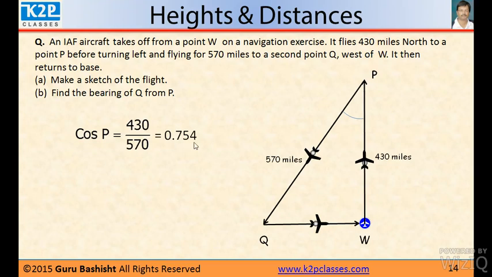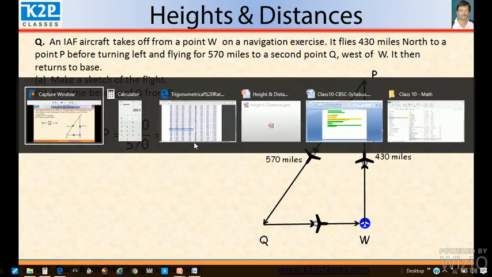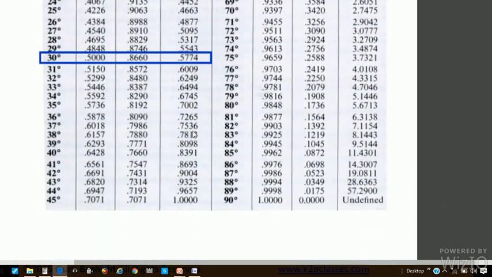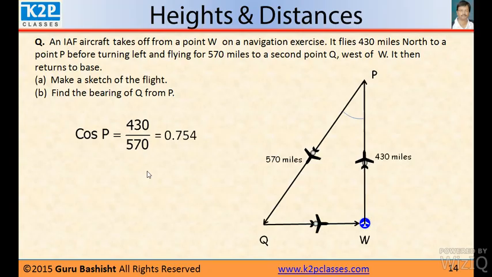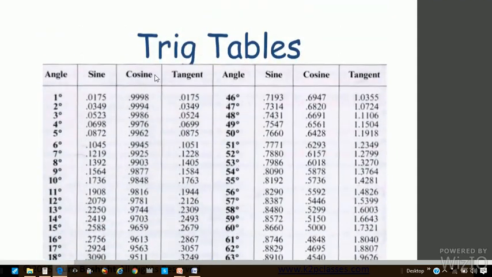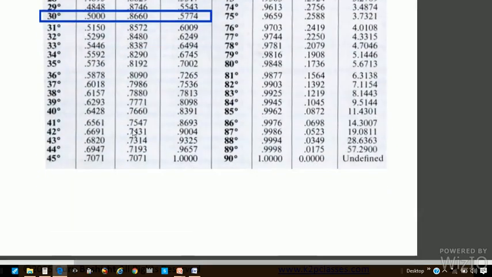So we have to see cos 0.754. So this was cos 0.754, it is 41 degree.